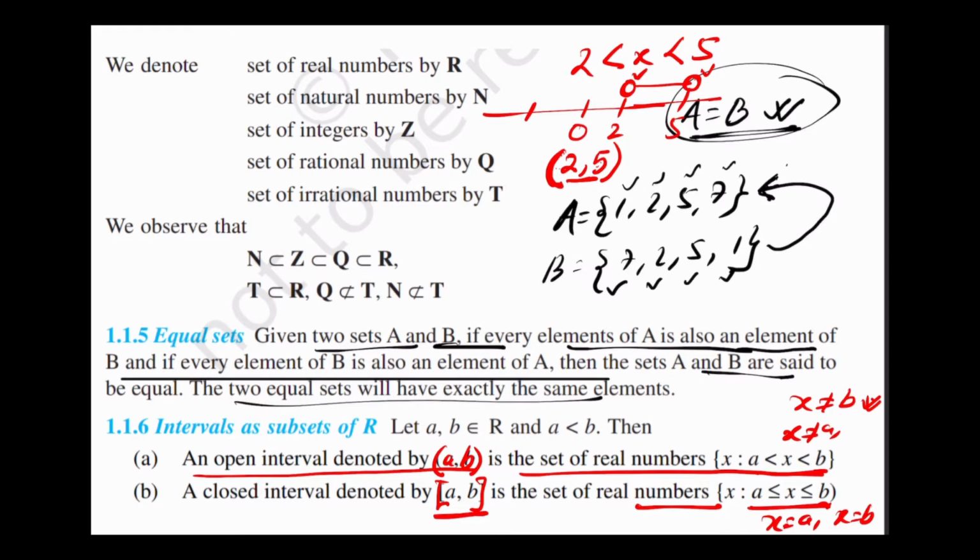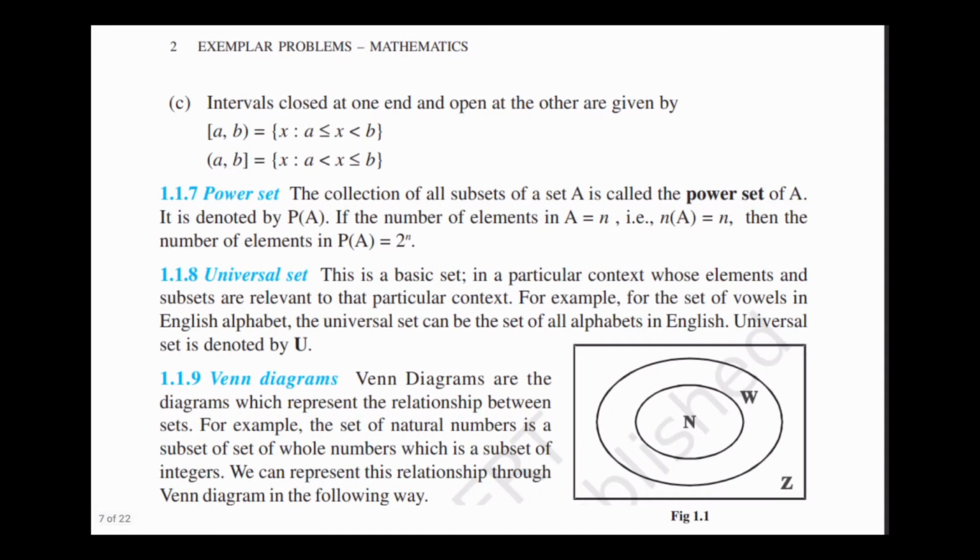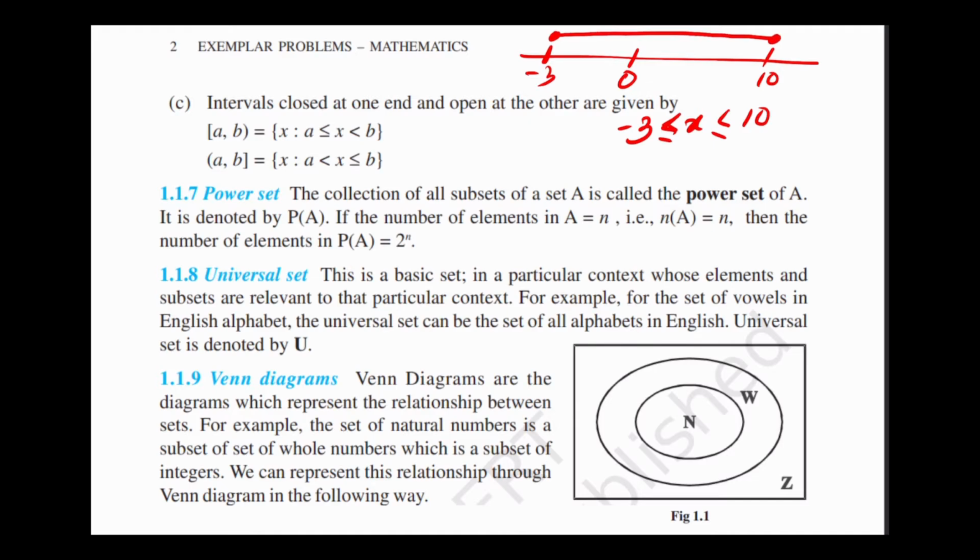How do we write it on the number line? I'll show it again. Let's say x is greater than or equal to -3 and less than or equal to 10. So this is -3 and this is 10. The moment we have equal to, it means we are taking the end point -3 and the end point 10.